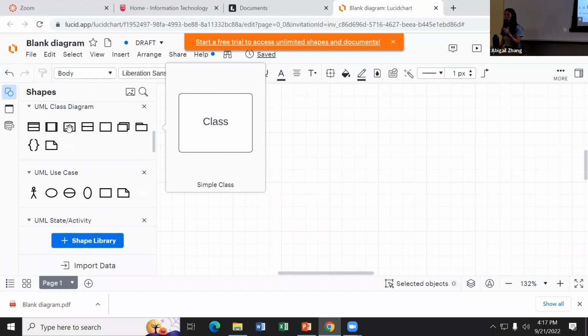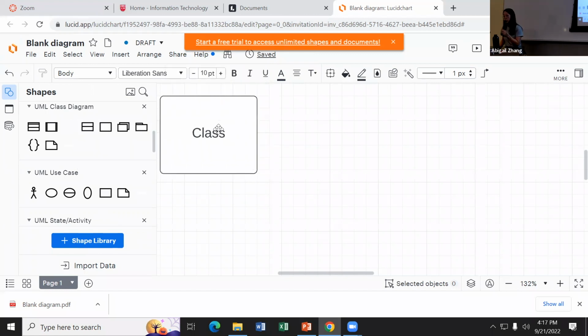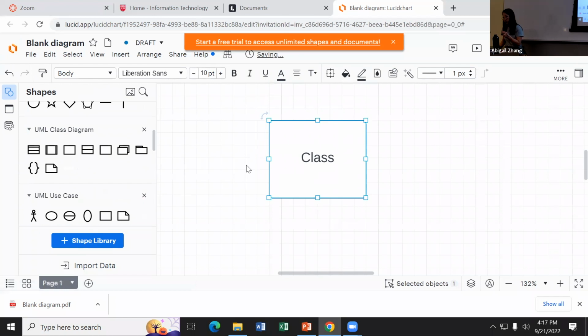Similar to how we use the BPMN diagram, we can select it and drag and drop it into the blank canvas. Then you have a class, and you can also rename this shape by clicking it and naming it in other ways. That's the basics of how to get the UML class diagram and put some shapes on this canvas.